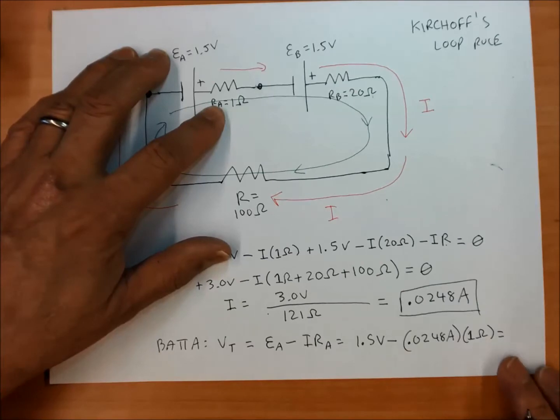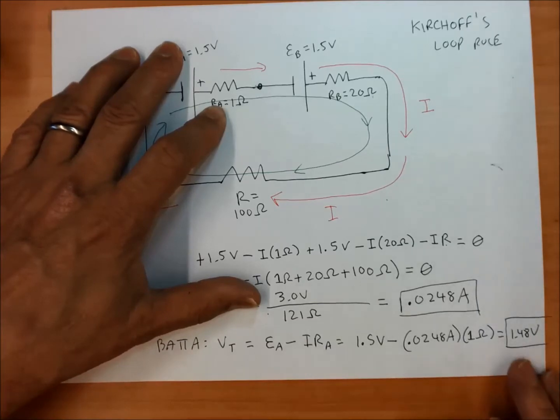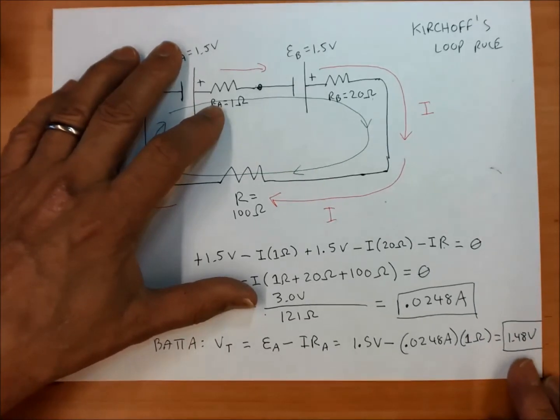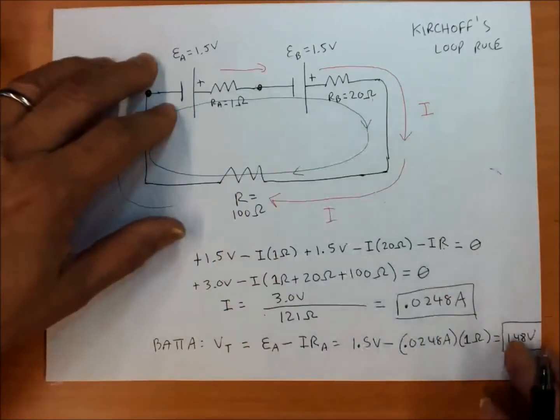And when I work that out, I get 1.48 volts. So it's not quite 1.5 volts anymore because of the drop in voltage due to the internal resistance.